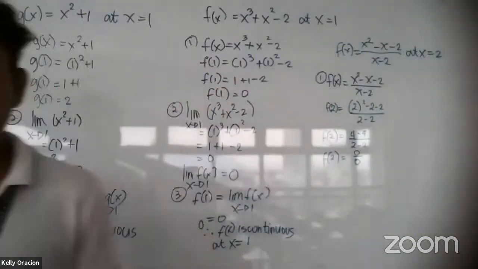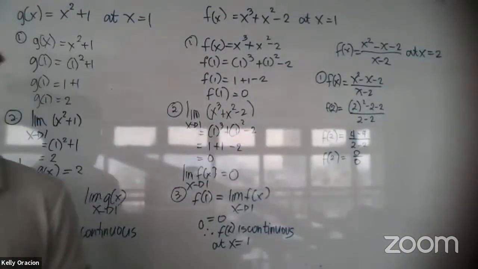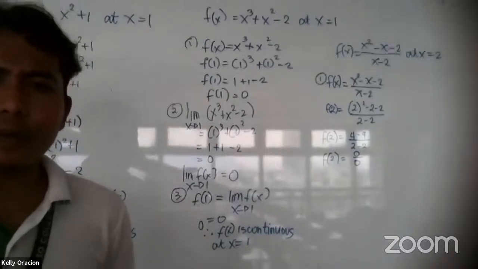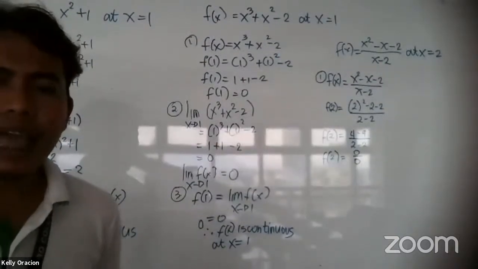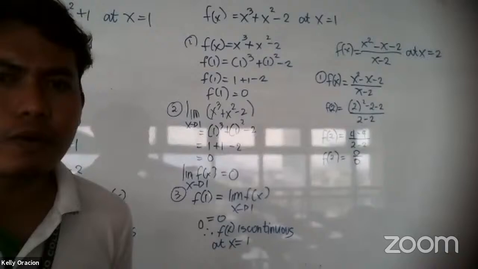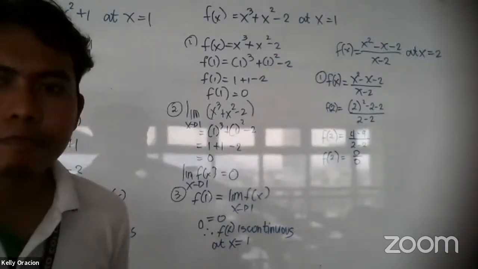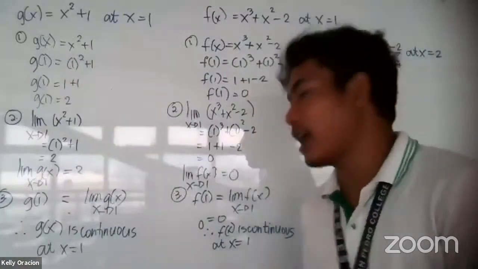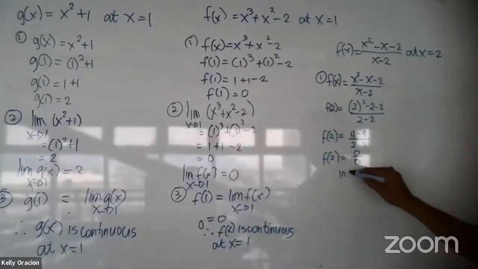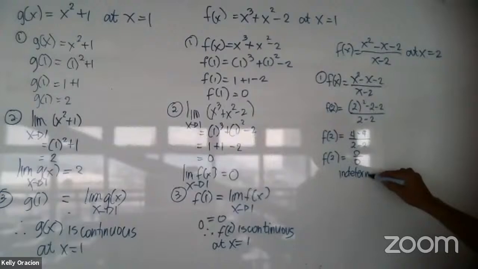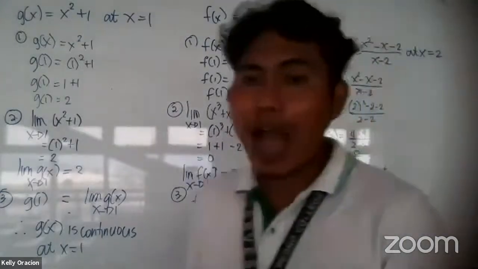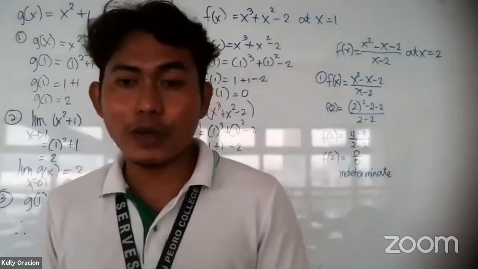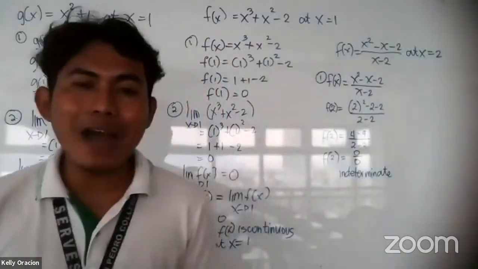Okay? 0 over 0. What does 0 over 0 mean? Anyone? Indeterminate. Okay, very good. It's indeterminate. Class, undefined and indeterminate are different.